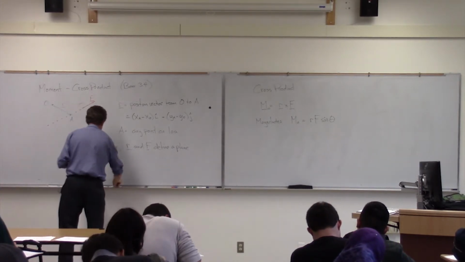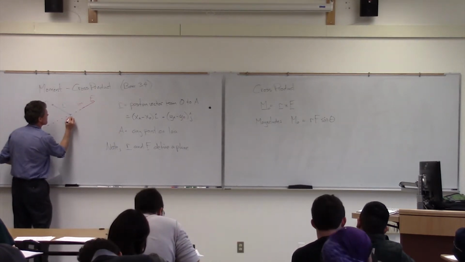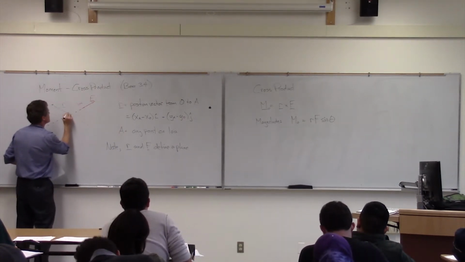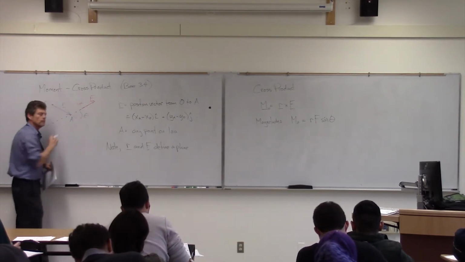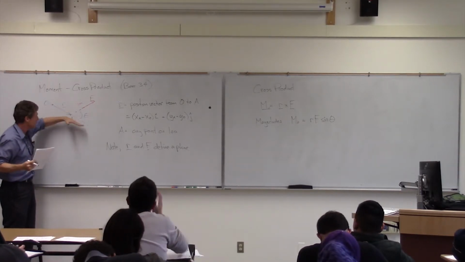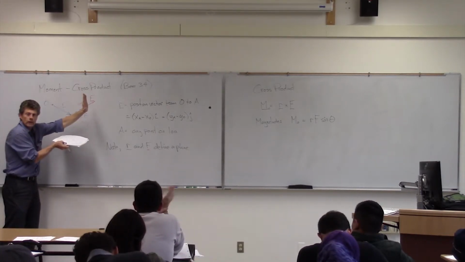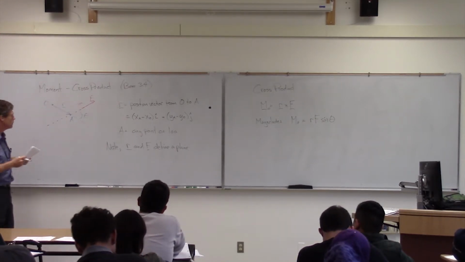So what is that sine of theta? We've got an R vector like so. Theta is simply the angle created by those two vectors. If I slid my R up to this point A here, I'd have these two sitting like so, and theta is the angle between those two.